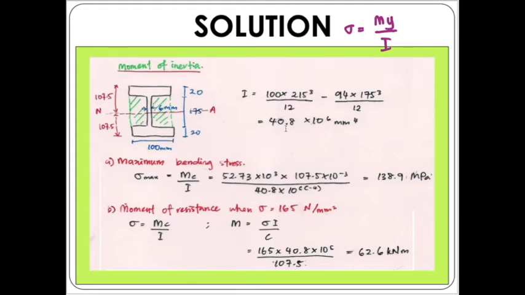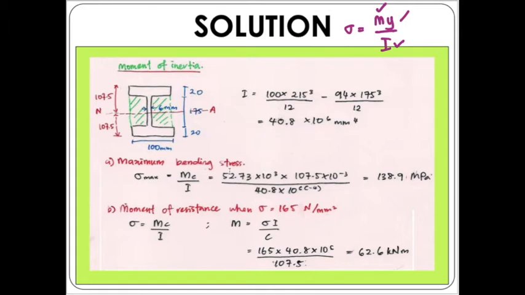Here we have the calculation for the maximum bending stress. Since we have already determined the value of the bending moment as well as the value I, which is the moment of inertia, we now have to calculate the value Y. This value Y will consider the centroid of our section.